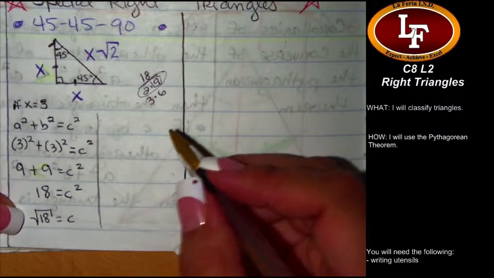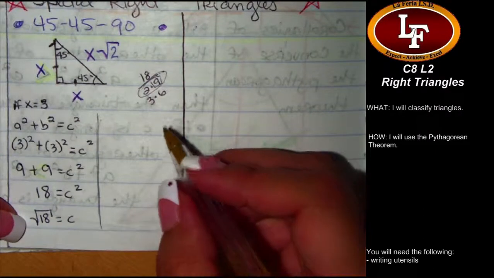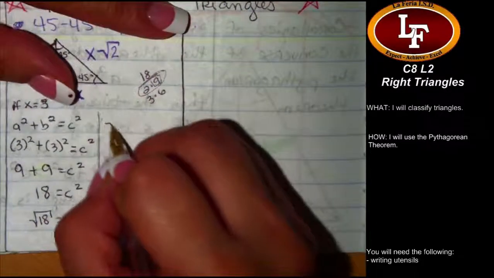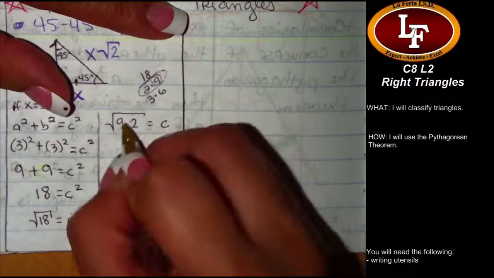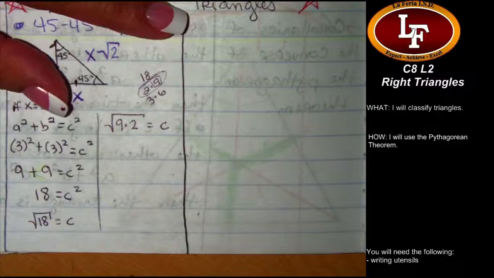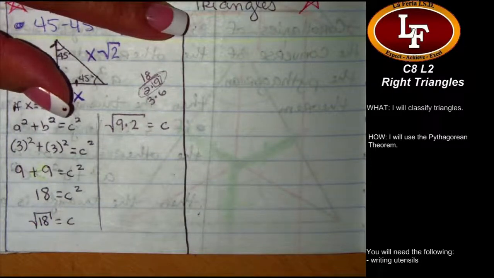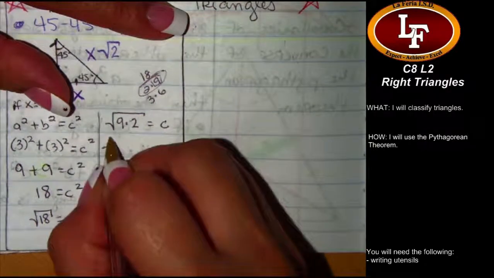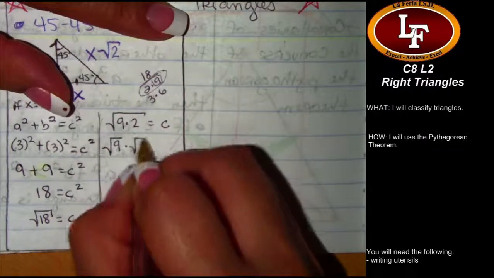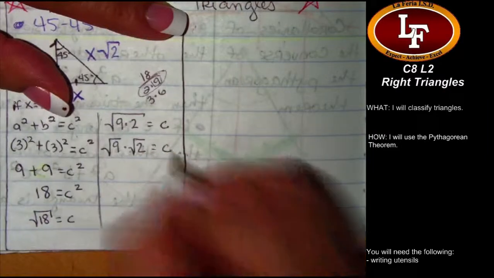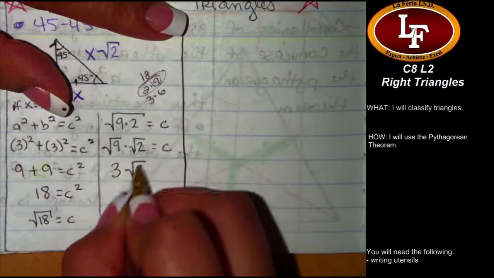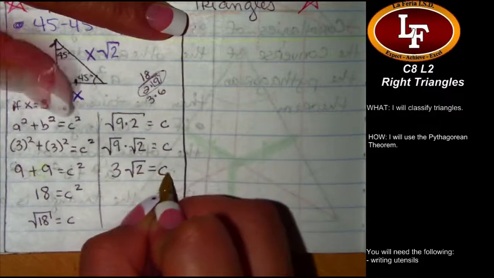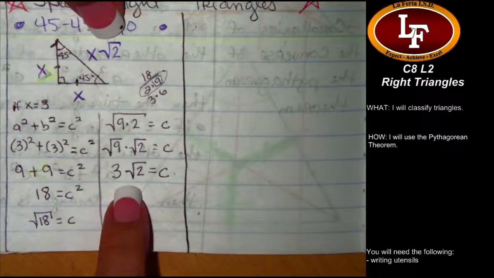I'm going to rewrite the square root of 18 as the square root of 9 times 2. You remember doing that? Then I can break that radical right at the multiplication and rewrite this as the square root of 9 times the square root of 2. What's the square root of 9? 3 times the square root of 2. It is now in the same format.